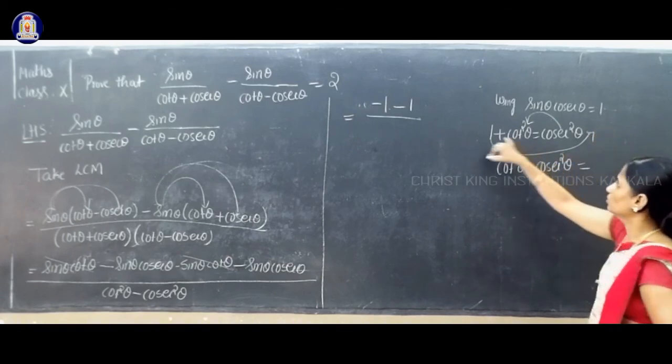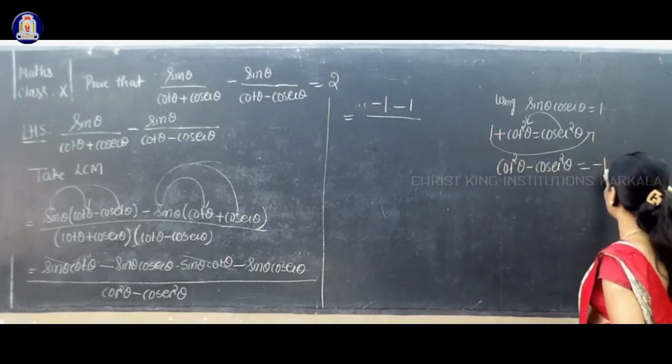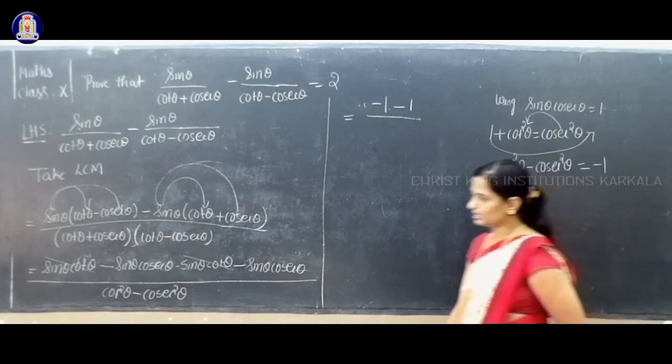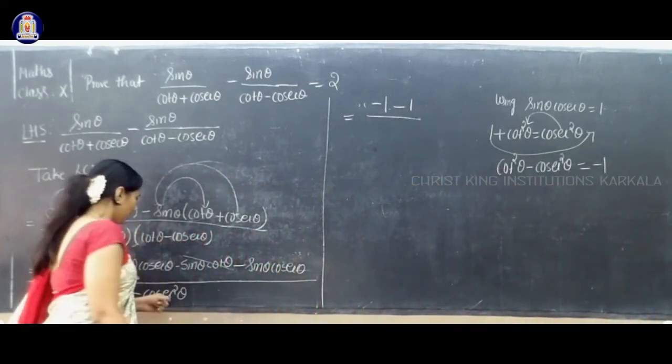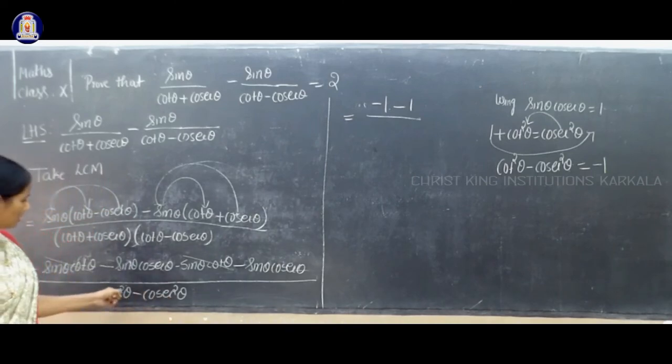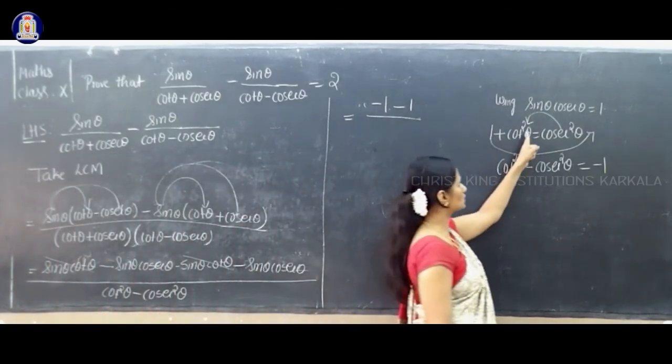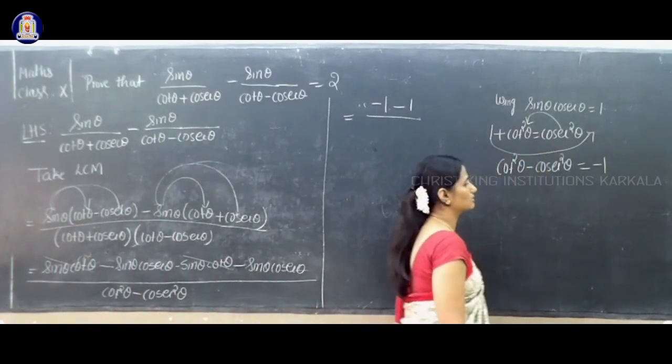Plus 1 changes as minus 1. Understood? So the identity for cot square and cosecant square is 1 plus cot square theta equal to cosecant square theta.